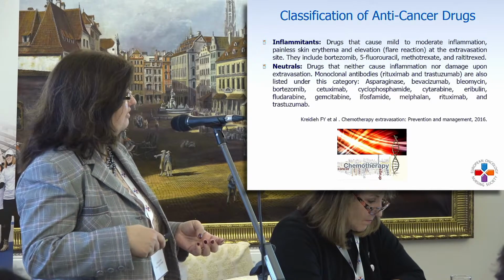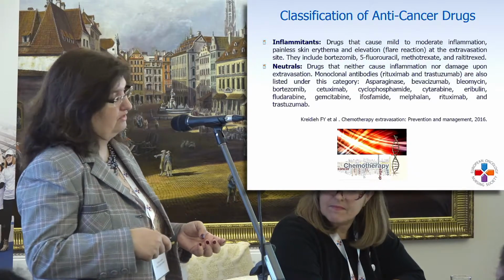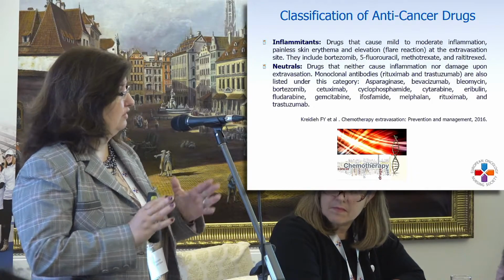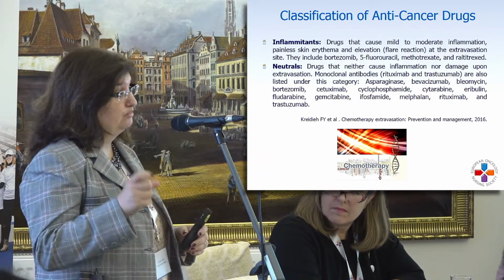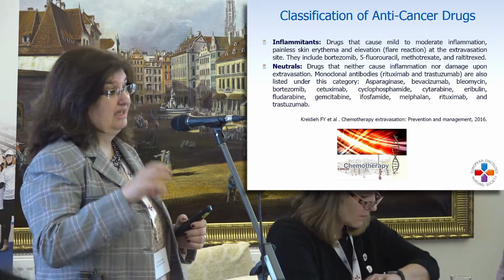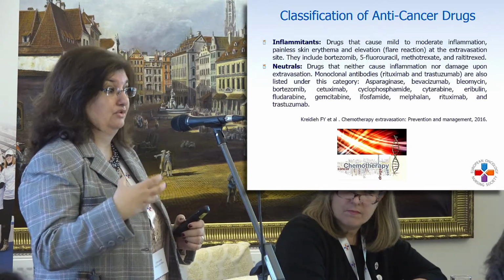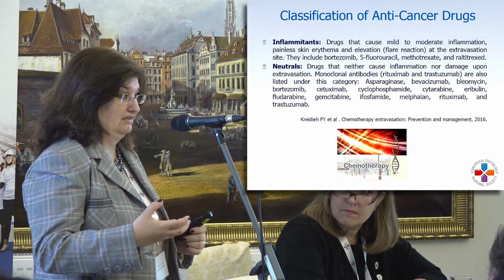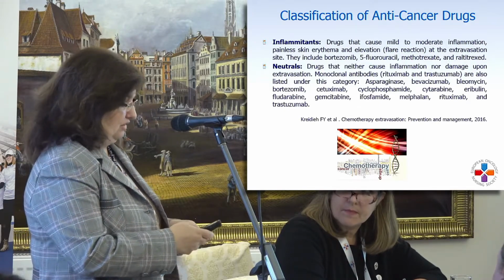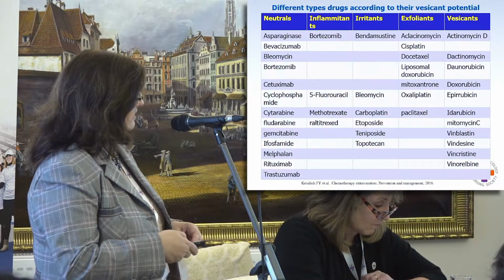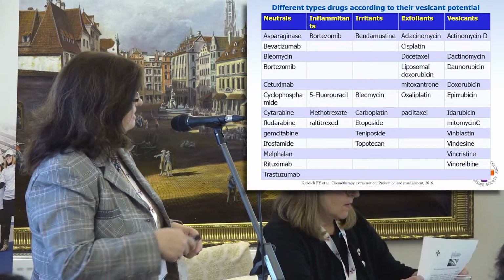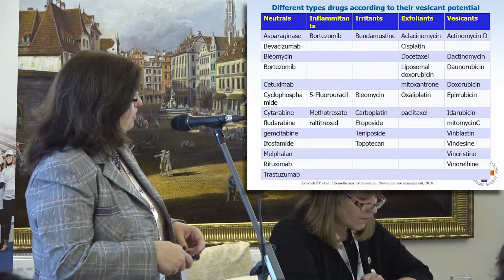And you can ask me, I have the same drug in two different classifications, and some drugs could be classified as one or another, and that depends on the volume that is extravasated, the concentration of the drug, and the time that the extravasation occurs, and you don't notice there is extravasation. So these classifications could be different because of this. You can see here easily all the drugs.